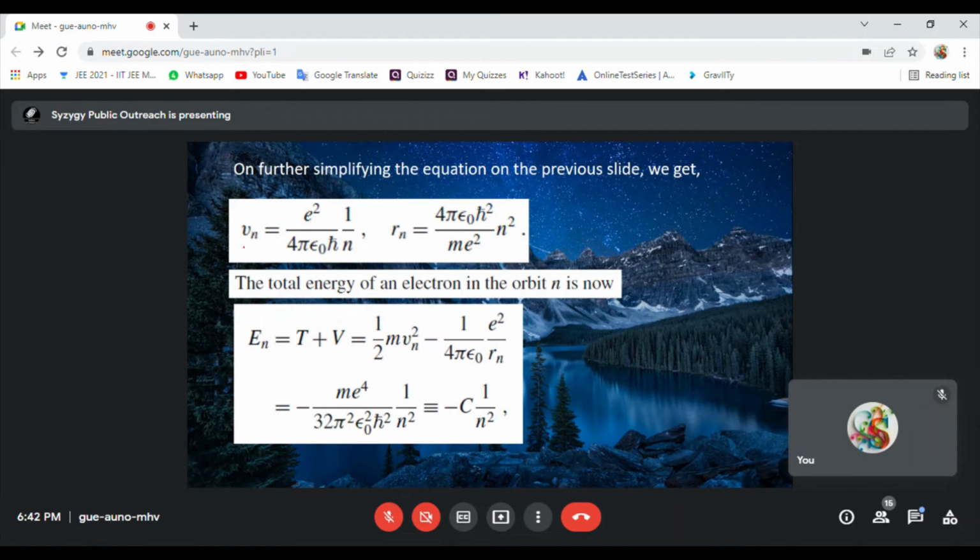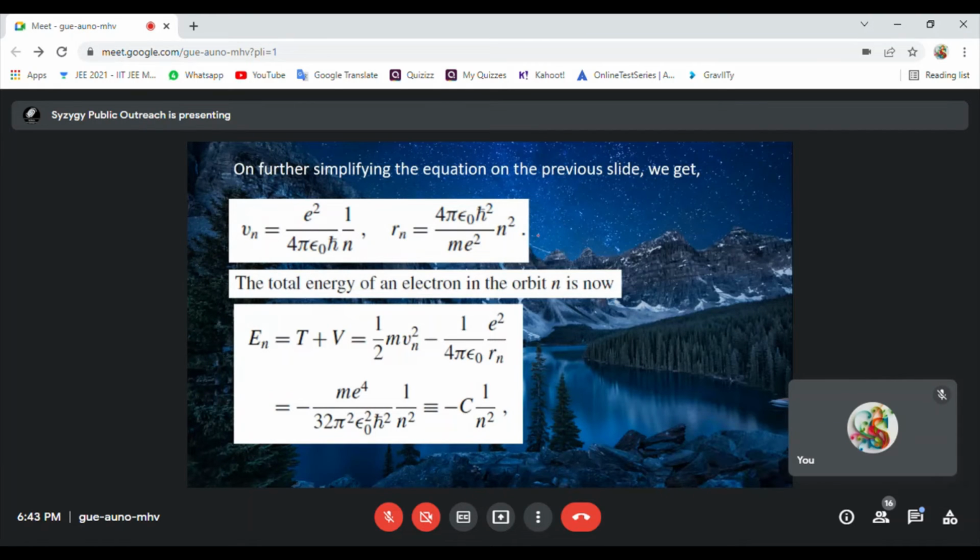These two relations are very interesting. If you want to find the velocity of an electron in any particular atom, say the velocity of an electron at the nth energy level in the atom of gold, you can find this out.